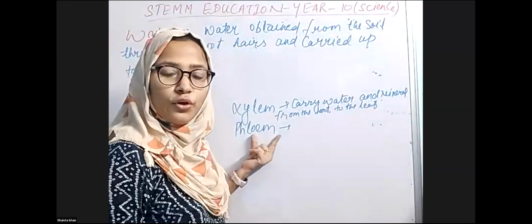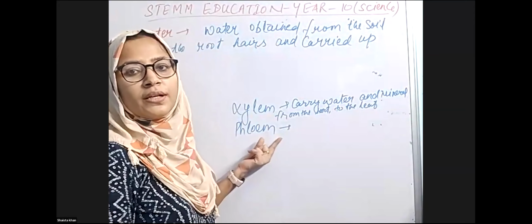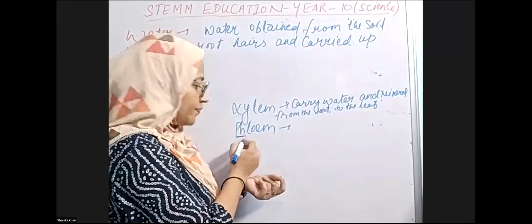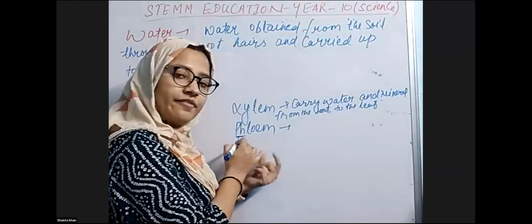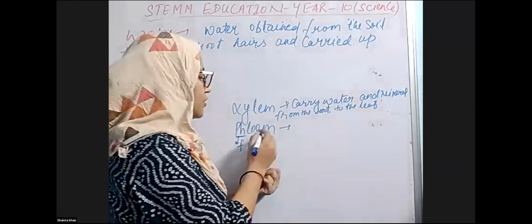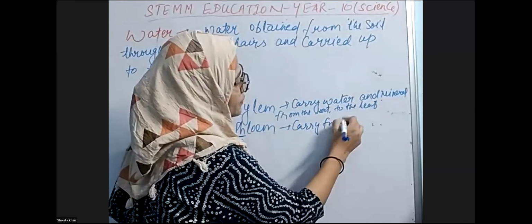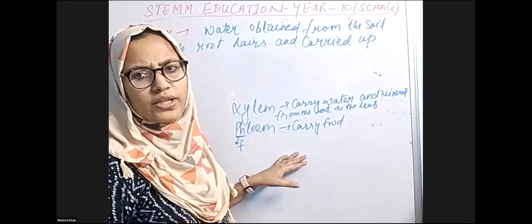What is the function of phloem? You can remember it with the letter F, as in PH, that is F. You can consider it as F for food. So phloem carries food. From where? Where is food prepared? From the roots or the leaf?